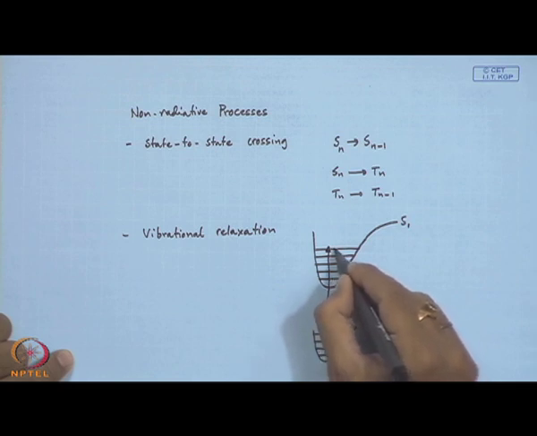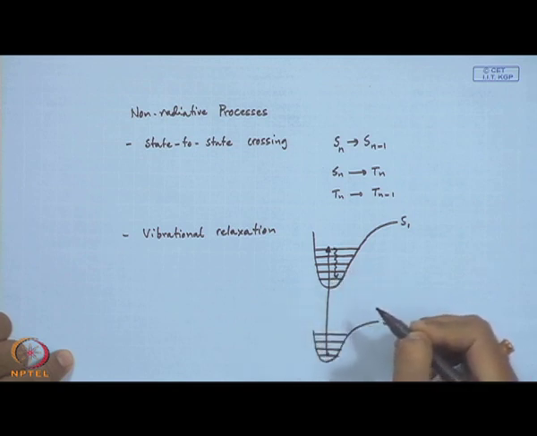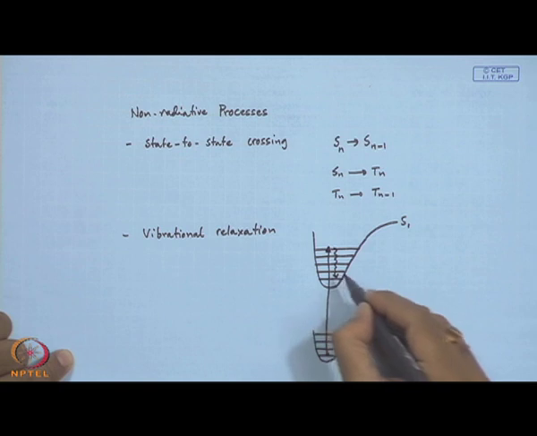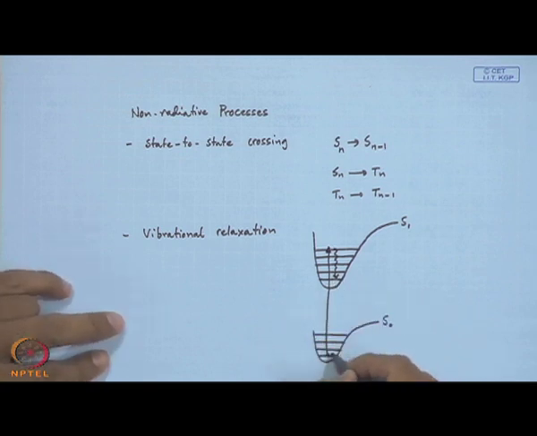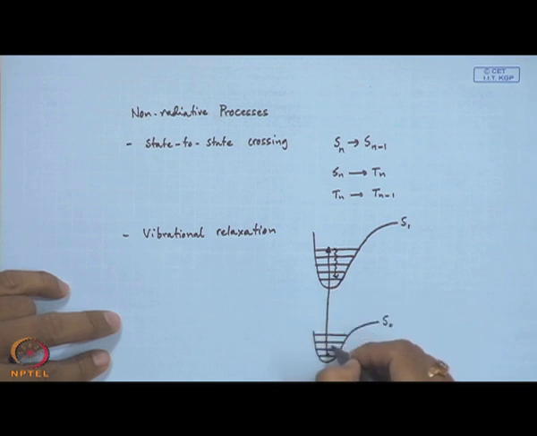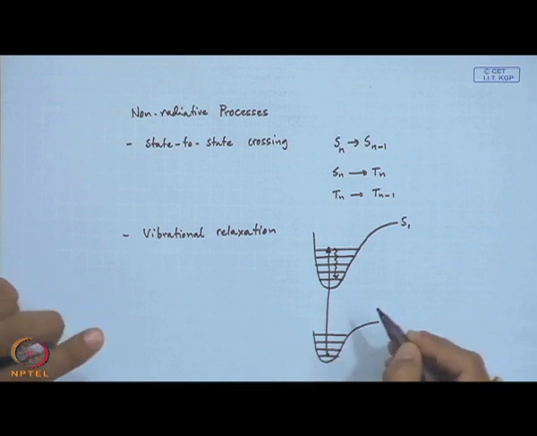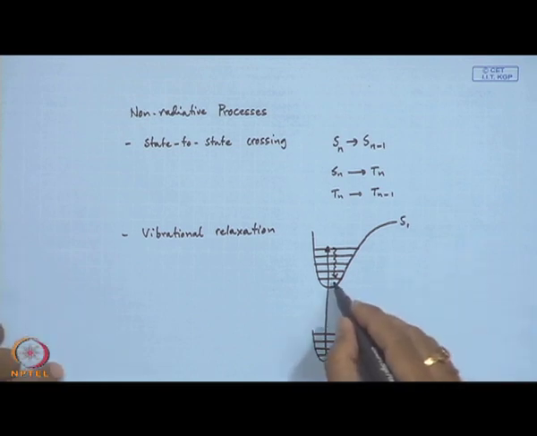It is given this squiggly arrow. Then it may undergo another transition from here to here, radiatively or non-radiatively. If it happens radiatively, it will be fluorescence; if non-radiatively, it will be non-fluorescent, and the excess energy will be given to the system in the form of heat.